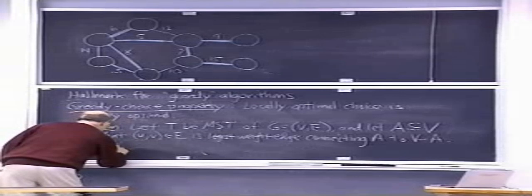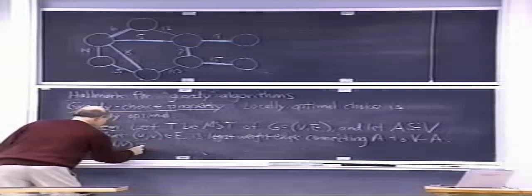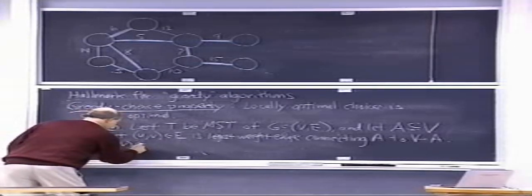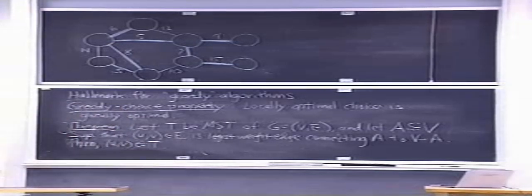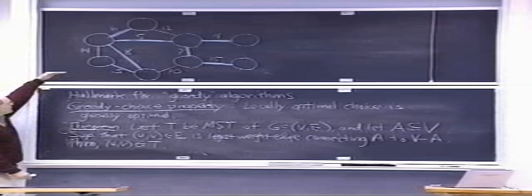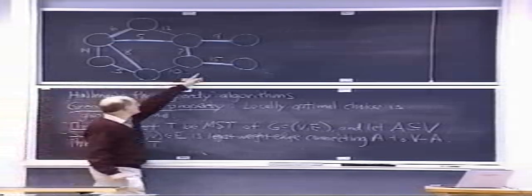Then this edge, this lightest edge connecting these two sets, is in the minimum spanning tree. Okay? So for example, in this example, let's suppose that A is the bottom 4 vertices.